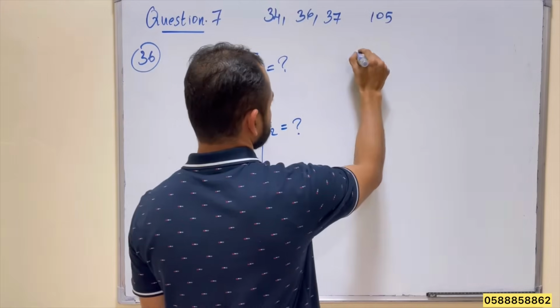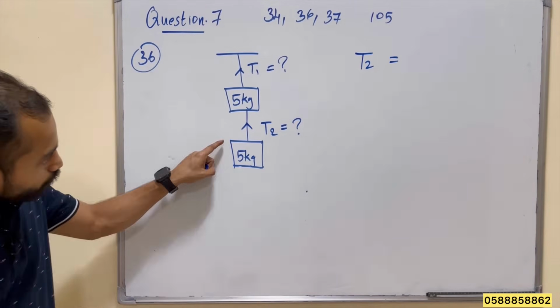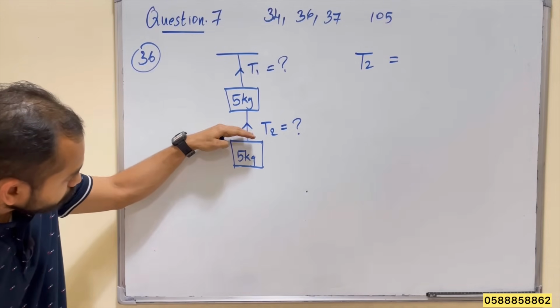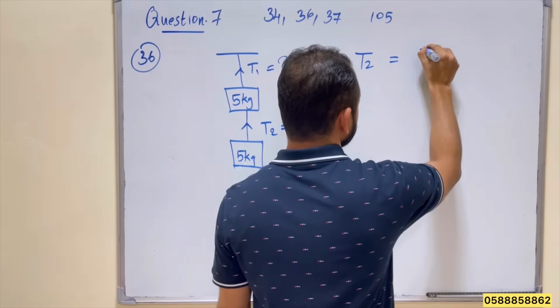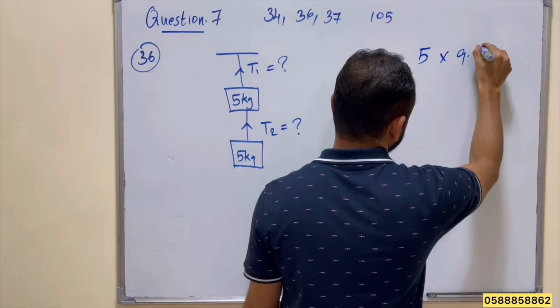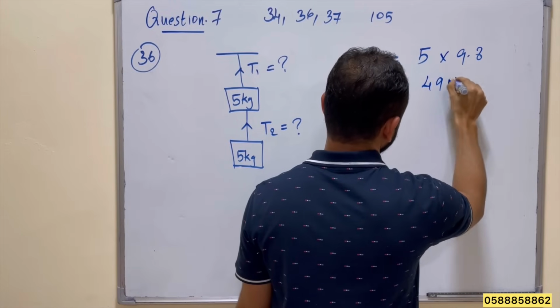First we will calculate T2. What is the total mass below this T2? Below this rope, what is the total mass? Only 5 kilogram. So total mass below multiplied by 9.8. 5 multiplied by 9.8, 49 Newton.